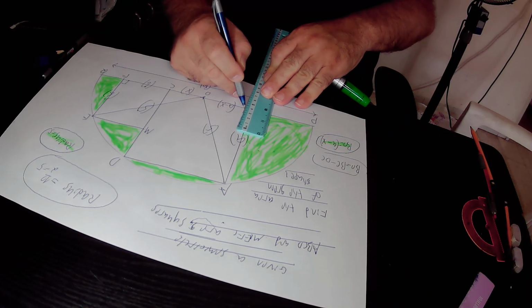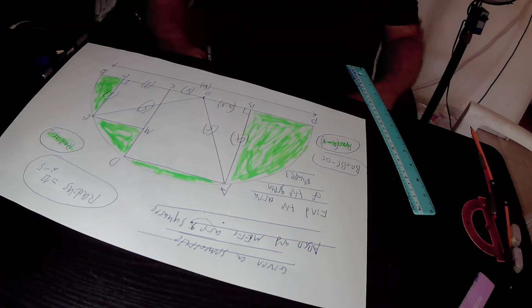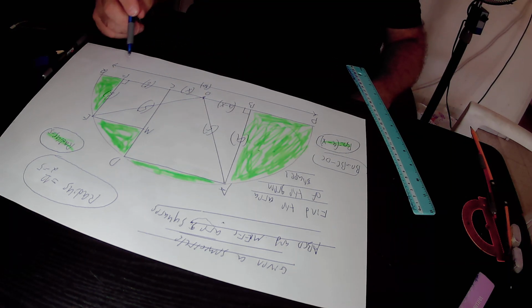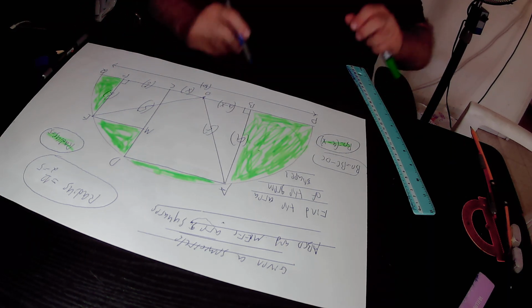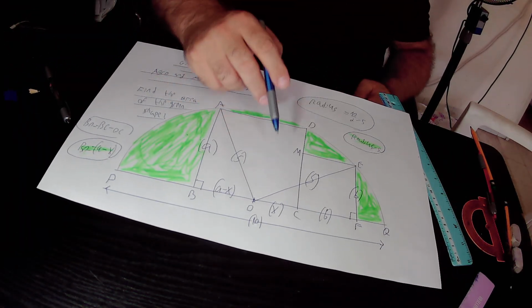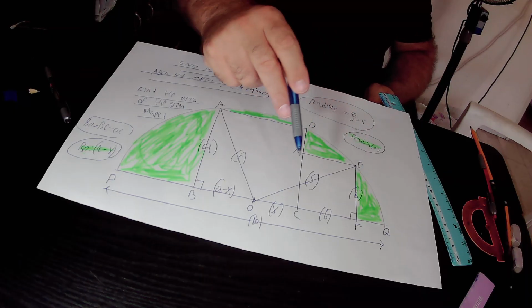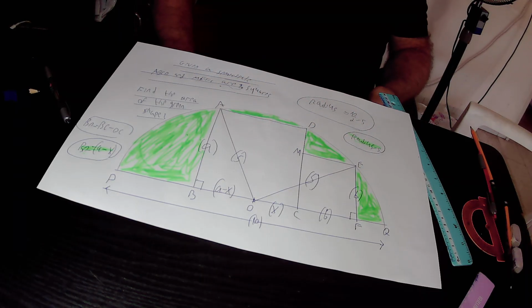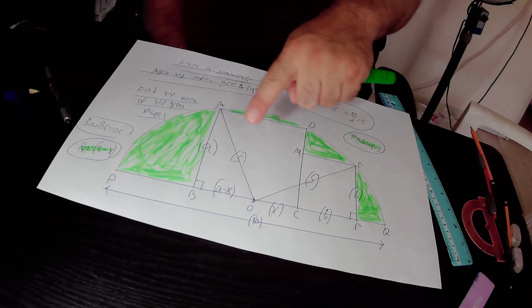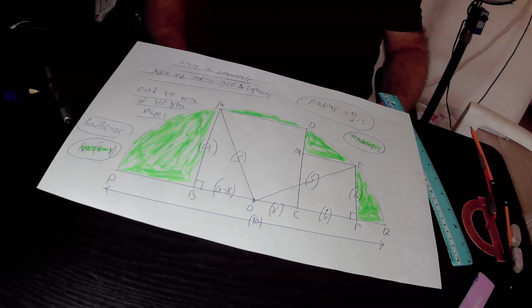So in the next step, we implement the Pythagoras theorem in the right triangle ABO and in this right triangle EFO. According to the Pythagoras theorem, in any right triangle, the square of the hypotenuse equals the sum of the squares of the perpendicular sides. So I'll copy the right triangle ABO onto a new page and implement the Pythagoras theorem on it.